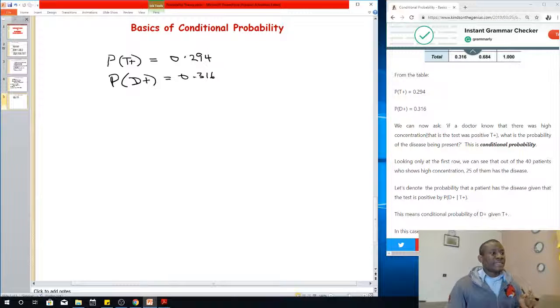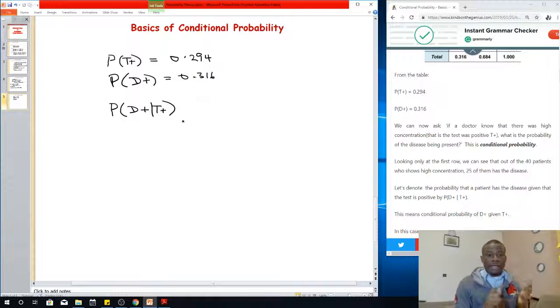So let's denote the probability that a patient has the disease given that the test is positive by P(D plus | T plus). Now this is the first notation you need to understand about conditional probability. So when you have probability and you have D plus, T plus, this reads the conditional probability of D plus given T plus.